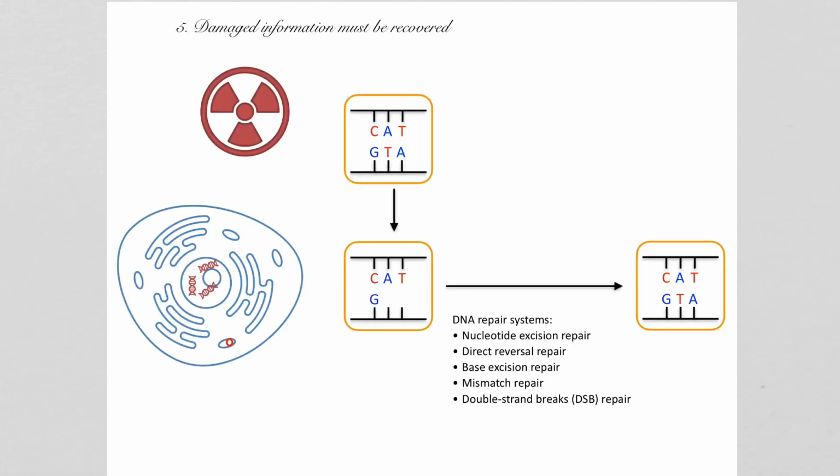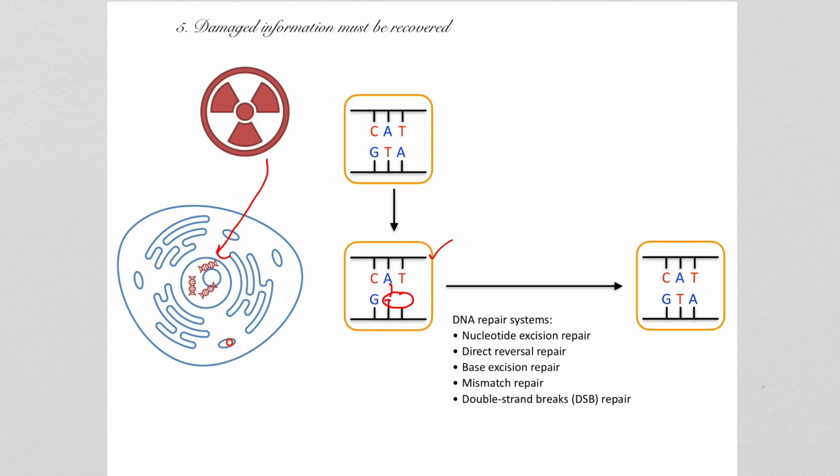Another good thing about having two strands is, what if radiation damages some of the DNA? Remember, DNA is such critical information. So what if we lost this information here? Well, there shouldn't be a problem because the other strand has the complementary information. So we can always put back the T here.